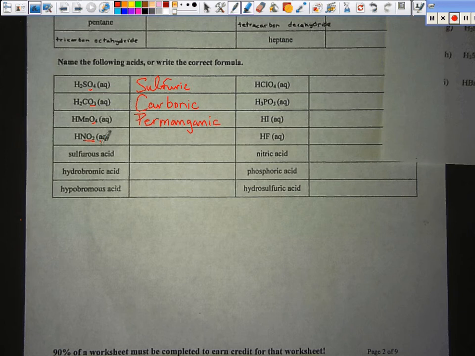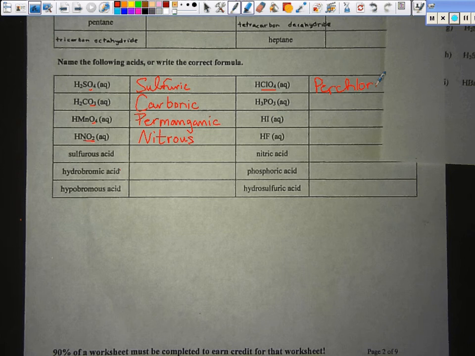Yep. Nitrous. Okay. Now we've already done this one. ClO4 is not chlorate. It is perchlorate. So ate goes to ic. So it's perchloric. Again, we've already done that one. Okay.